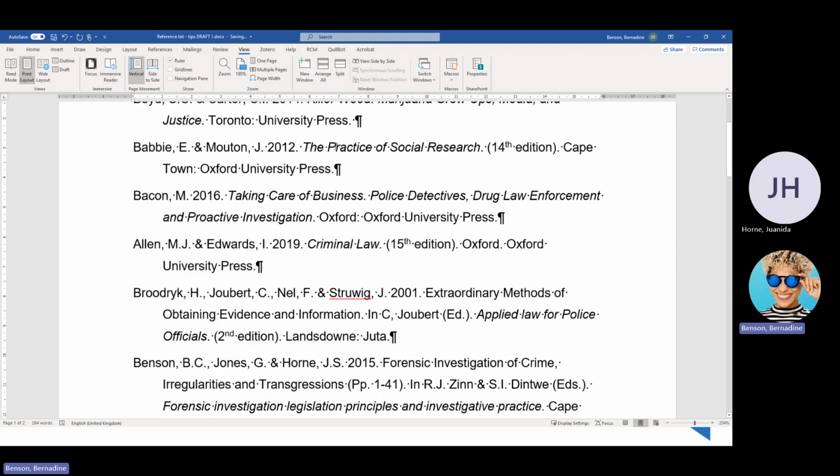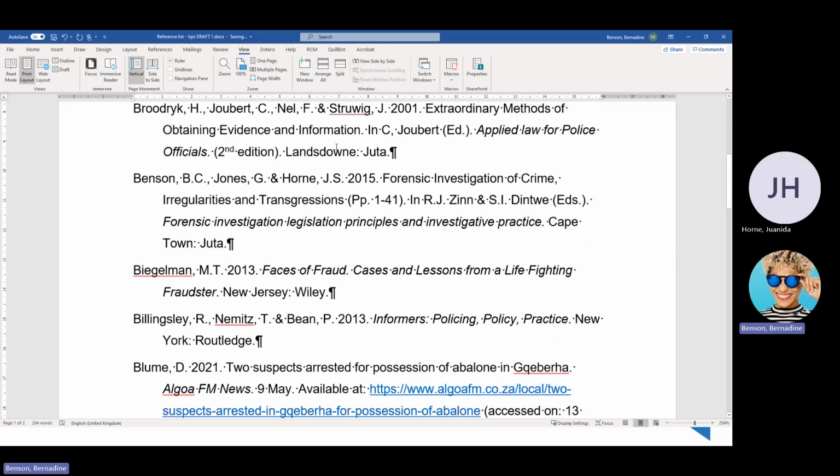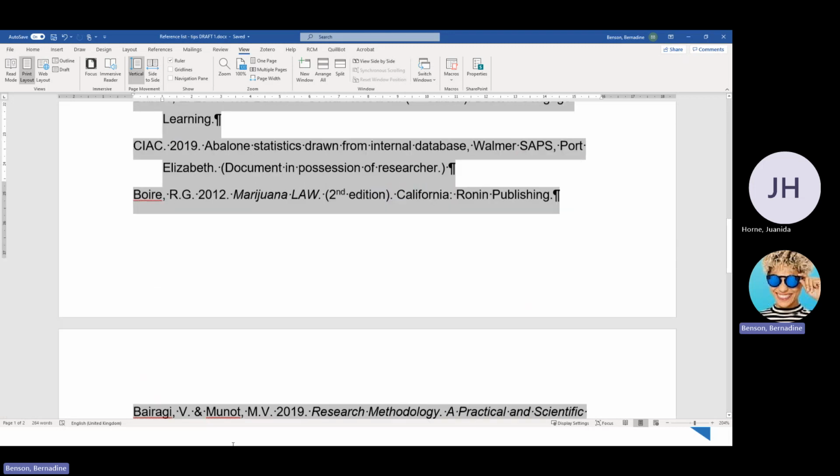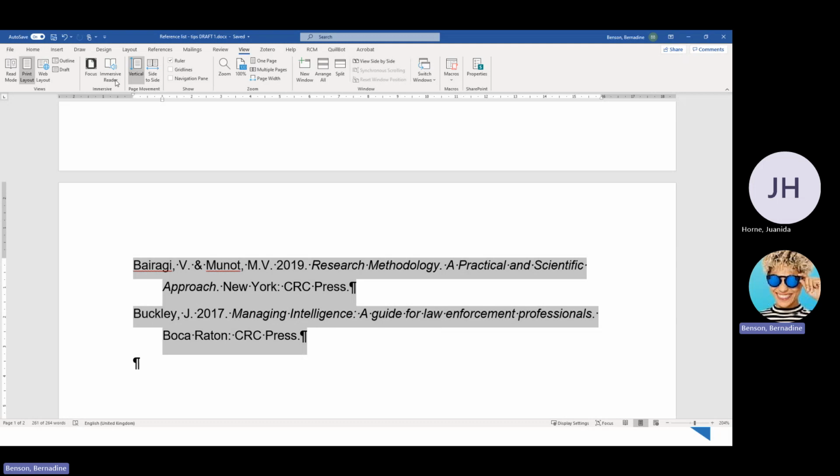But now I've just entered and entered and entered, and it's not alphabetical. Okay, so now I highlight the text again. And now I must find that again.